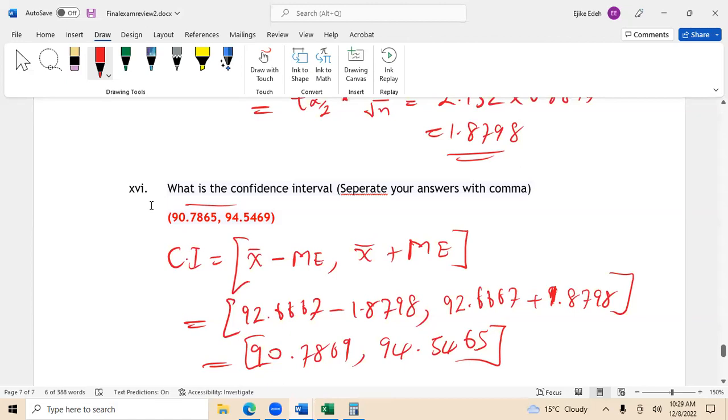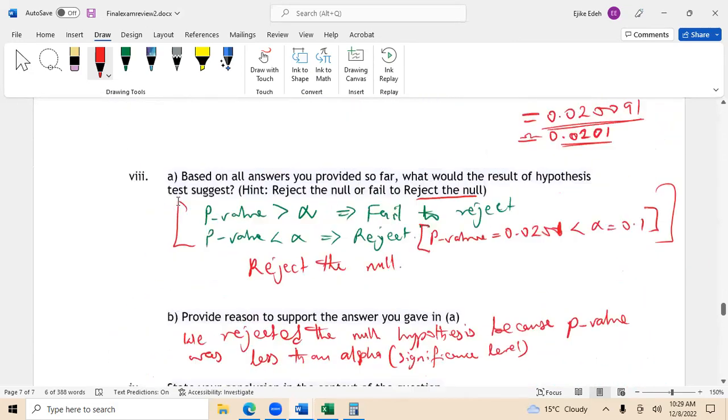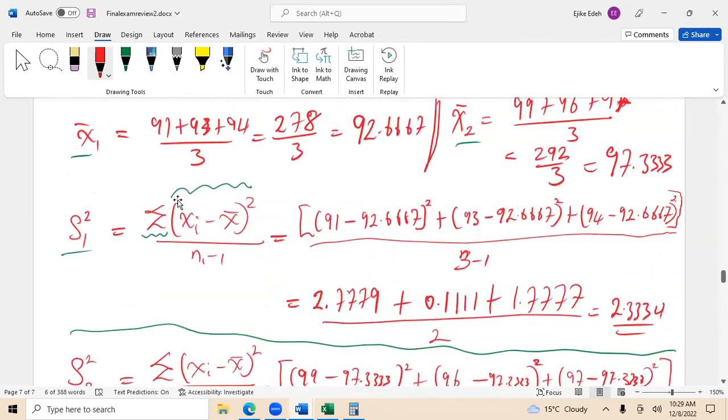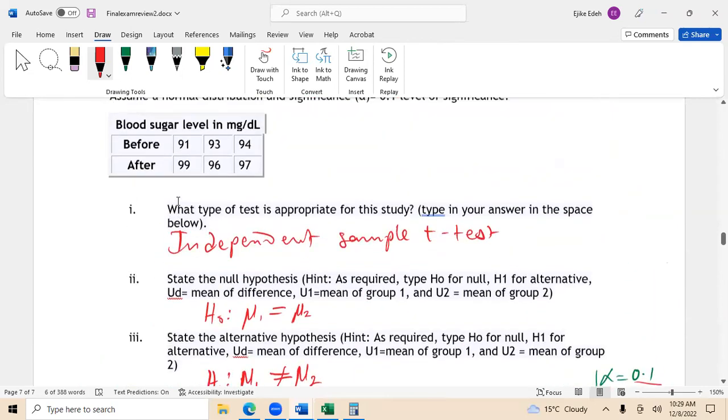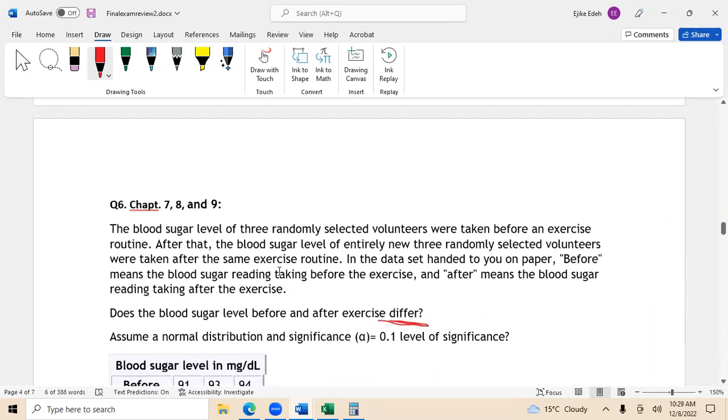But the way it happened in quiz 1, I mean in quiz 2, the storyline will be the same thing. If I want to make this a dependent t-test, I will just tell you it's the same group of people that took it after, right? So if I give you this story and say it's the same group of people that took before and after, then of course it's dependent. But if the story says two different groups of people, then you're doing independent.